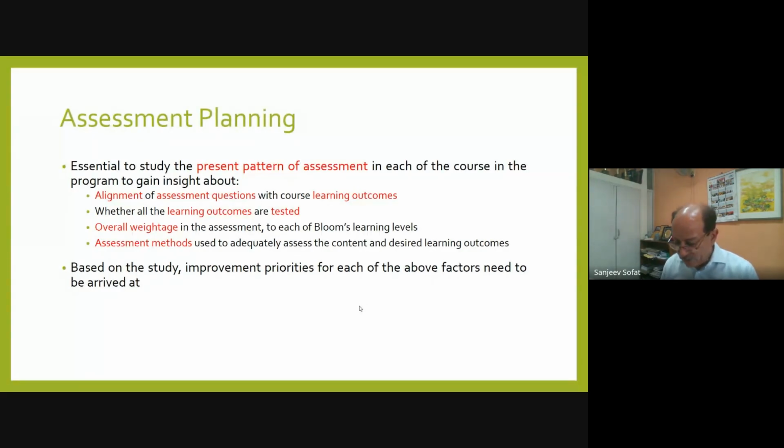If you look at those of you whose institutes have gone for NBA accreditation, the first thing they ask is about continuous improvement. How do we test the continuous improvement? Let's say we usually see the result of the 3 years. First year, my result was 70%. Next year, it became 75%, then 80%. That's an improvement.